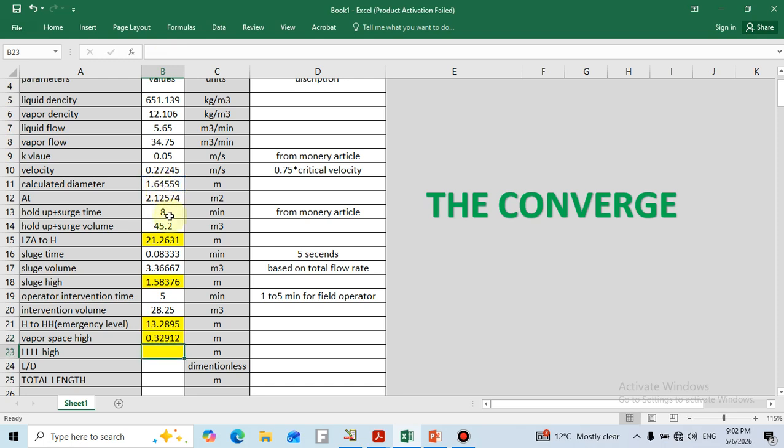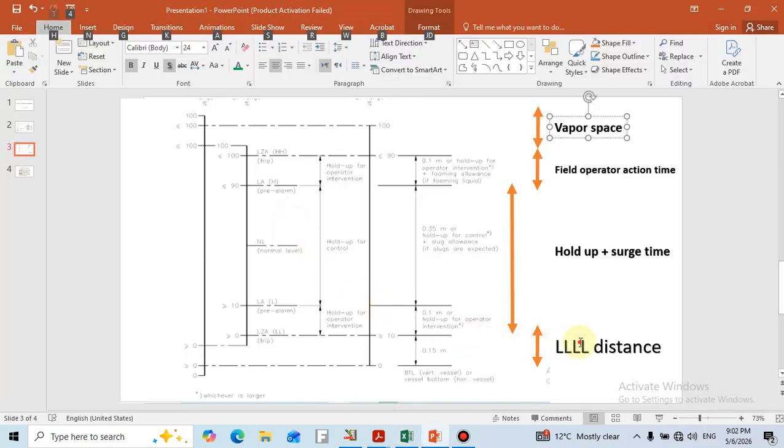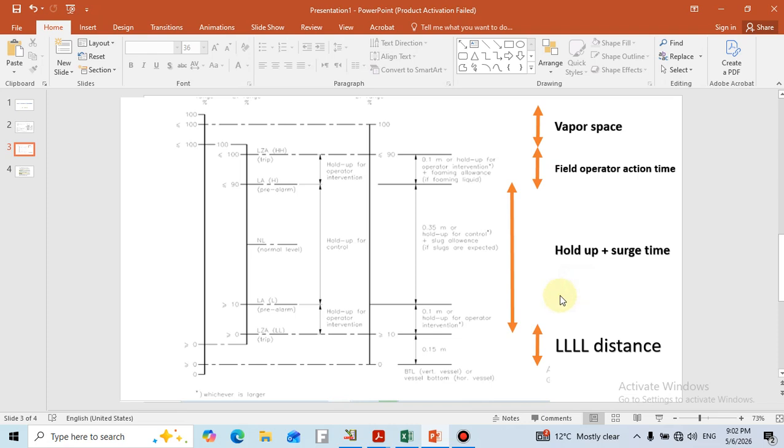That is highly recommended. In this case, for low liquid level, we can't talk about it too much, but it's out of our time. We do not have enough time. It's really dependent on whether you have a pump at the bottom of the liquid or not. If you have the pump, you should refer to the vendor document and find the net positive suction head, which is required or recommended, actually suggested by the vendor.